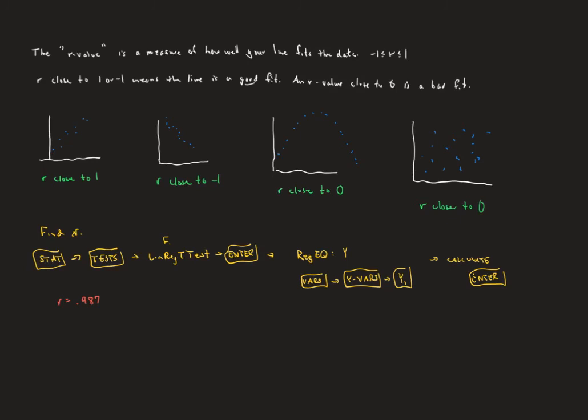Now we're going to use our regression line to approximate some more data, to approximate two different values. So first, let's approximate f of 5.